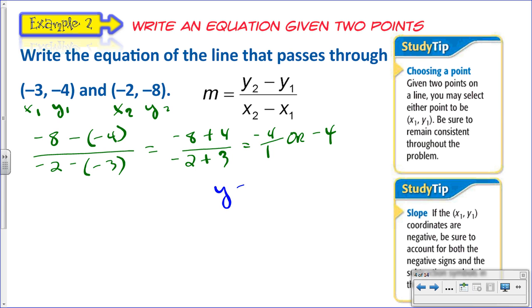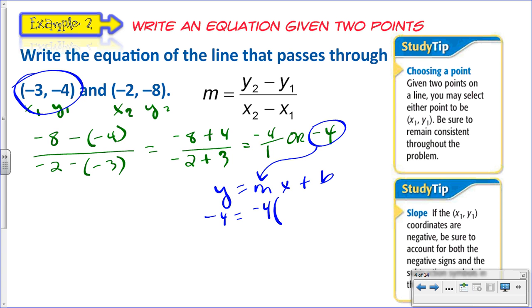Okay, so y equals mx plus b. Which point do you want to use? You use the first one? Good, I like that. So for y, I'm going to put -4. For the m, -4, that's where this is, right? Where's my x? My x is -3, good. -4 equals positive 12 plus b.